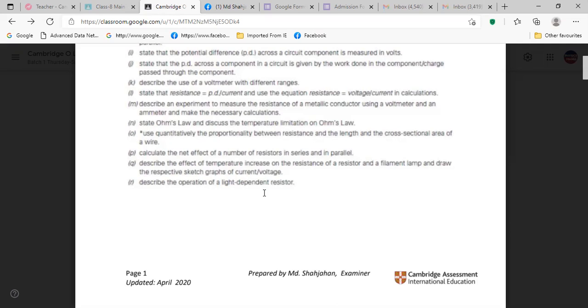The temperature of the surroundings and the temperature of the system, the circuit, should be constant. Otherwise, this law will not work. Is it clear? Yes, sir.